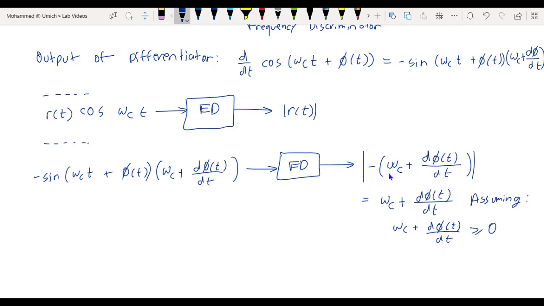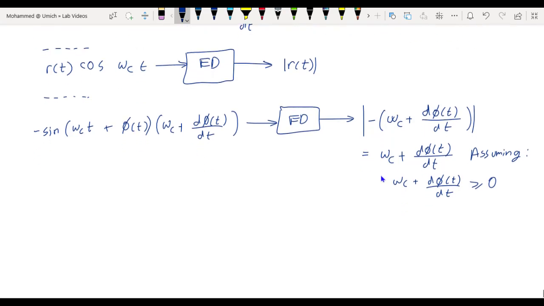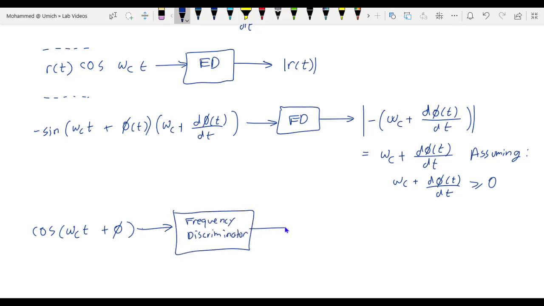Now, how does this actually discriminate frequencies? Well, if we assume that the phase phi of t of the input sinusoid isn't time varying, then the output is omega c itself. So cosine of omega ct plus phi goes through the frequency discriminator, and at the output, we get simply omega c.